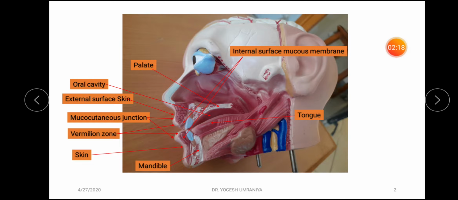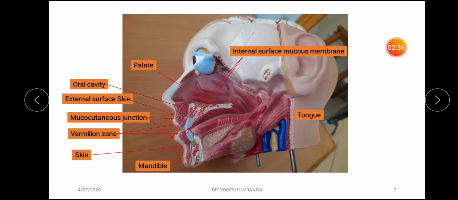So in the cheek, the oral mucosa is more movable and separated from the rest of the structures by the presence of elastic tissue as well as adipose tissue. That is something regarding the oral cavity.